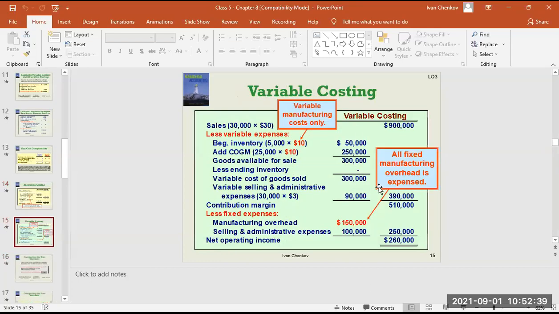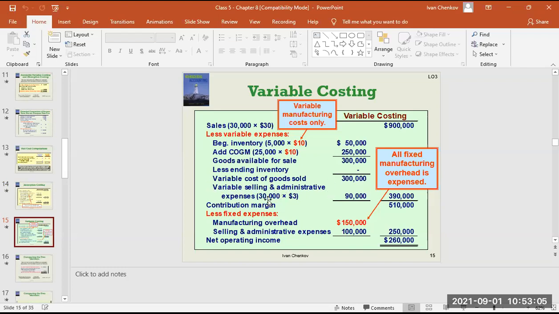Let's see what's going to happen with the variable. Variable sales will be the same. The beginning inventory is lower. Instead of 80 is 50. Cost of goods manufactured also is lower because our cost per product is only $10. No ending inventory, so the entire amount is going to go as cost of goods sold.